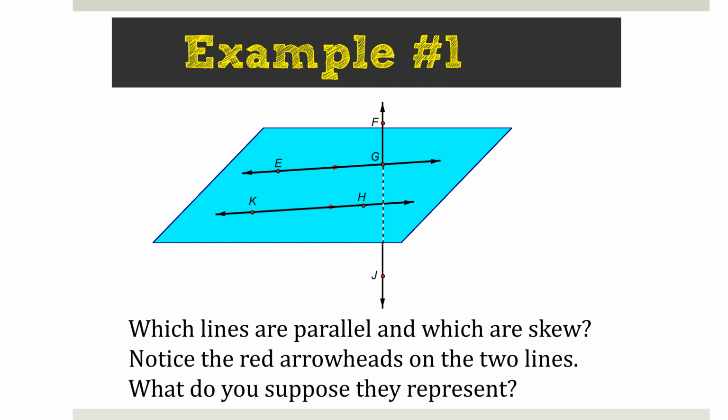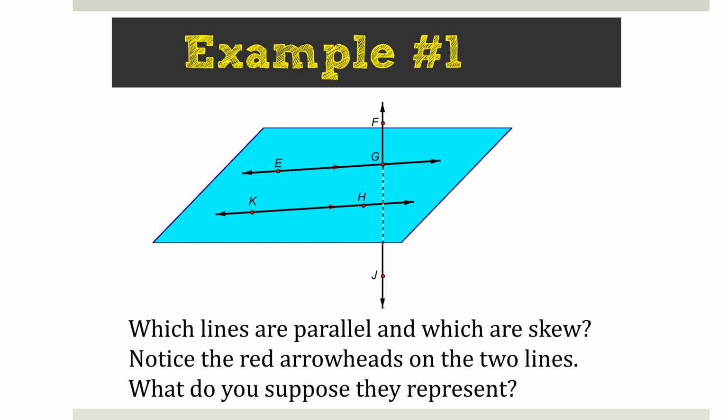So Danny is correct. Those 2 lines are parallel, and then FJ passes through the plane, which is why we have that dashed area. We've talked about that already. What does the dashed area mean? Yeah, it's hidden underneath this 3-dimensional looking picture. Okay? We already talked about the parallel lines, Danny. Which lines are not intersecting?